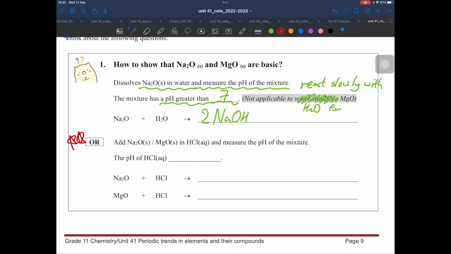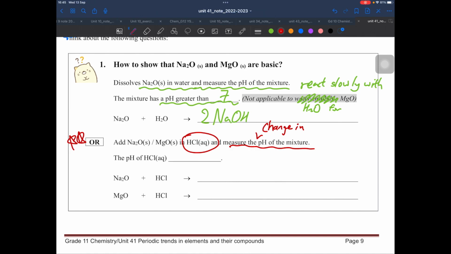This is 100% sure. No matter whether the reaction rate is fast or slow, or even if it is an insoluble base, I can do the same job. In order to test whether something is alkaline or basic, the best method will be to allow it to react with acid and measure not the pH, but the change in pH.